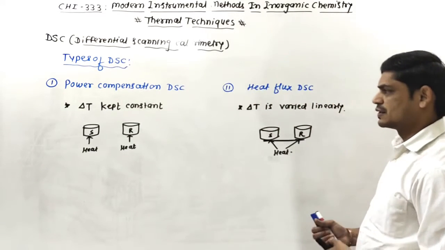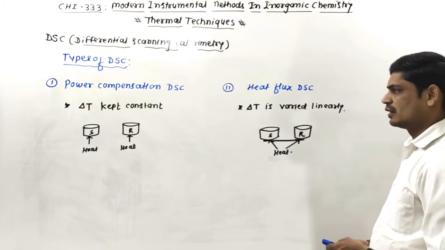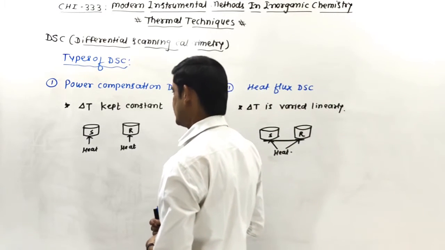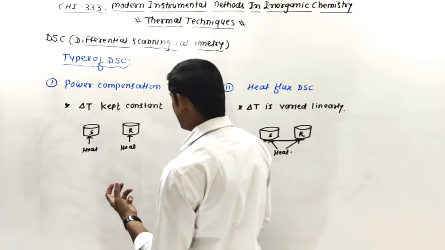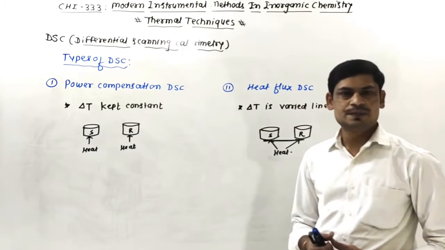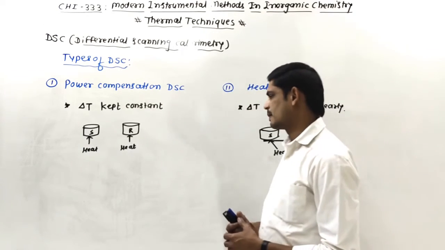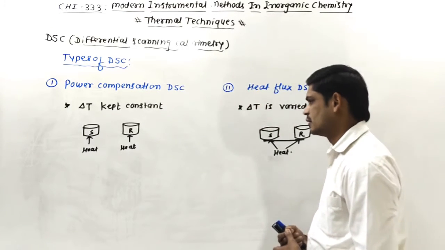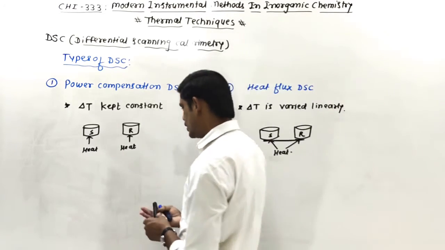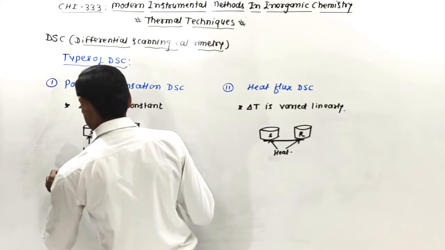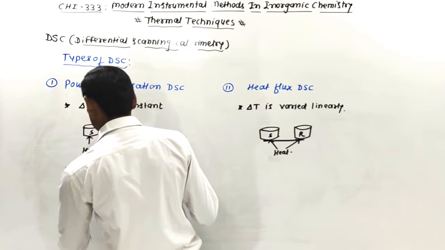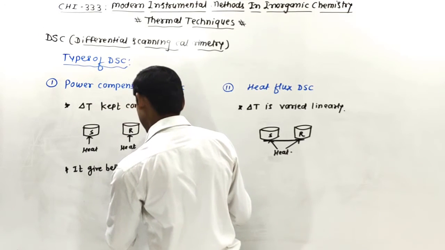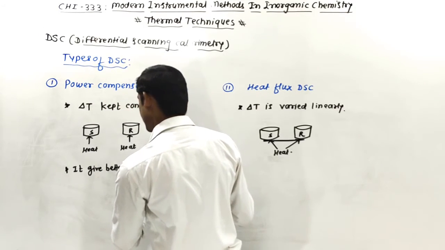So as per the discussion, as in power compensation DSC, both the sample pan as well as the reference pan is heated separately. It gives better resolution.